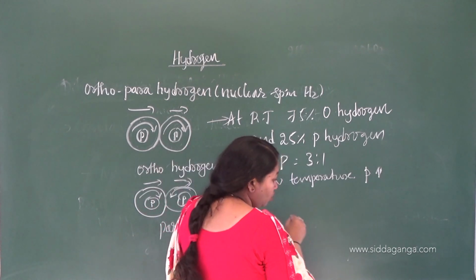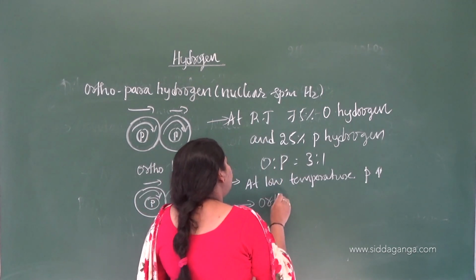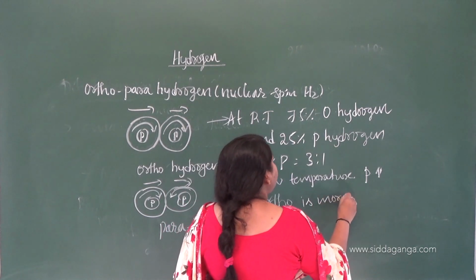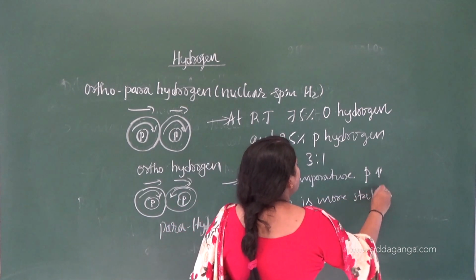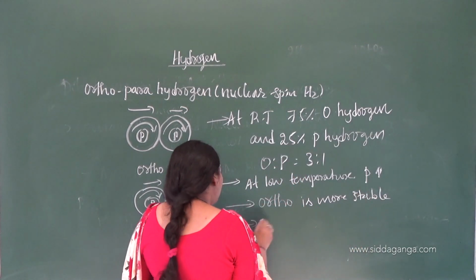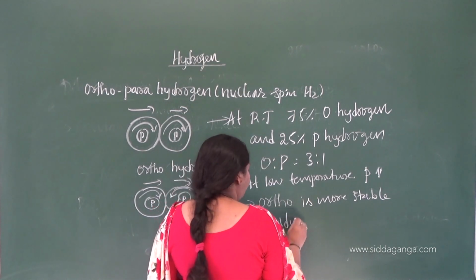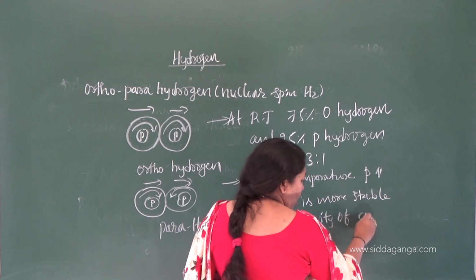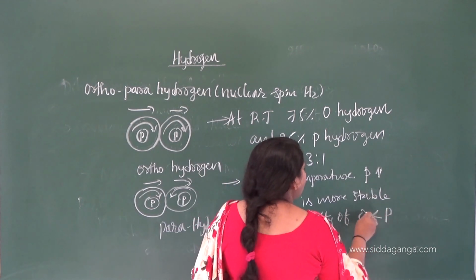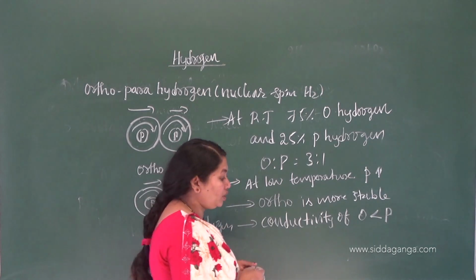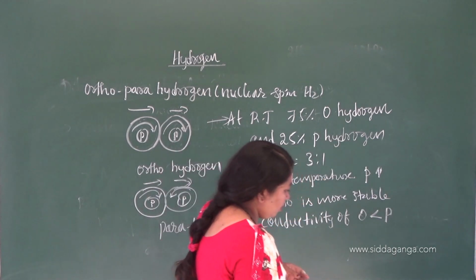Ortho is the more stable hydrogen. And one more point is that the conductivity of ortho is lesser than the conductivity of para.